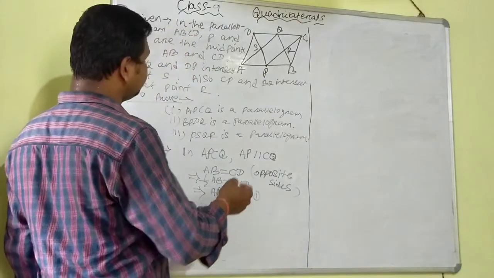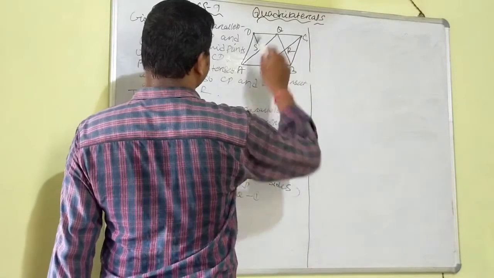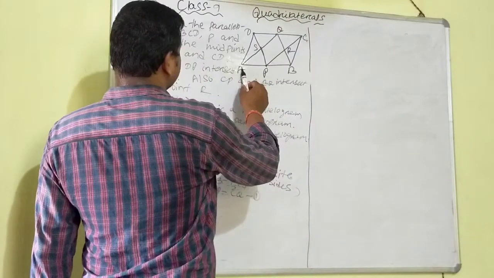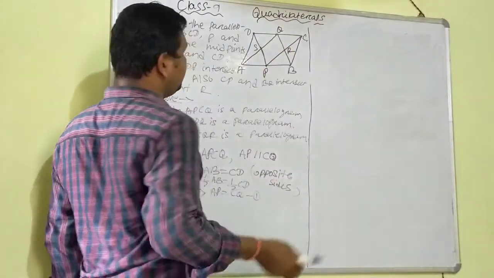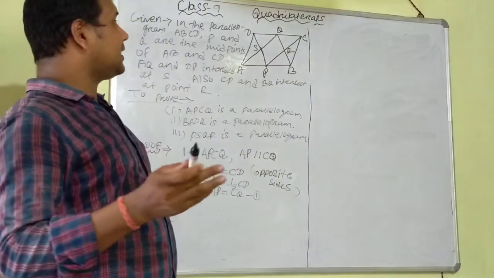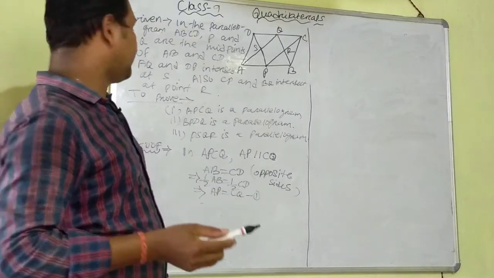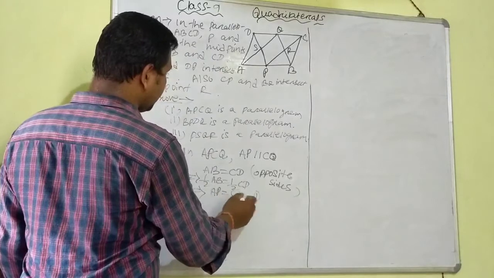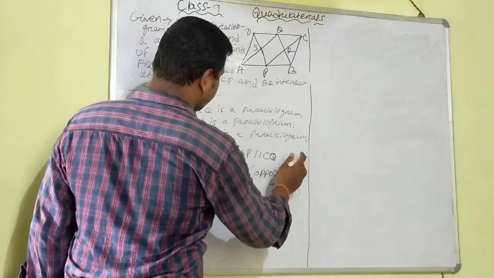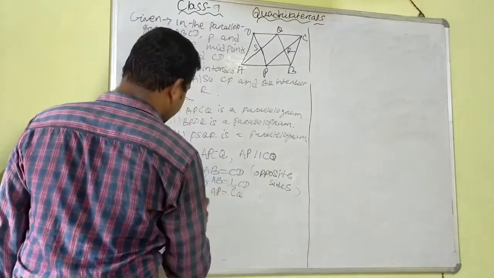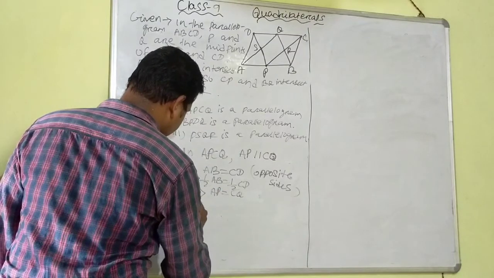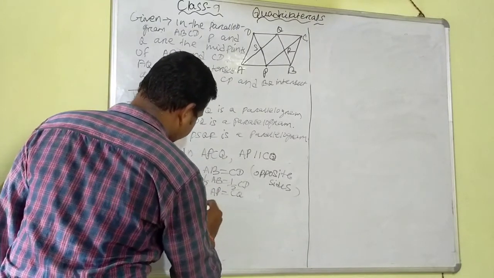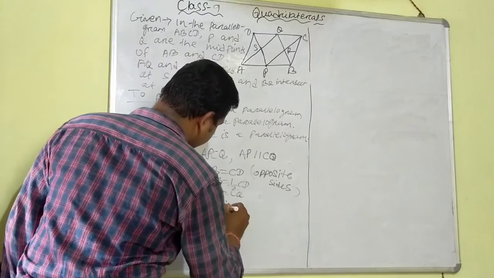We see here as AB parallel to CD, then AP parallel to CQ, as whole is parallel, then part is also parallel. So we got AP parallel to CQ and AP equal to CQ. Therefore APCQ is a parallelogram.